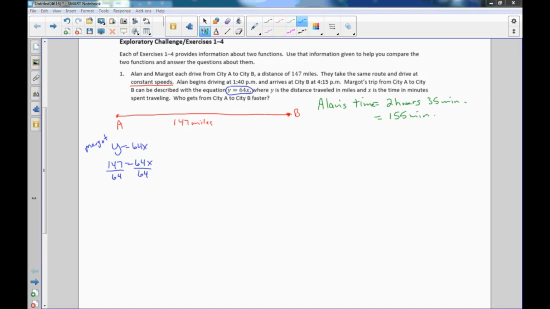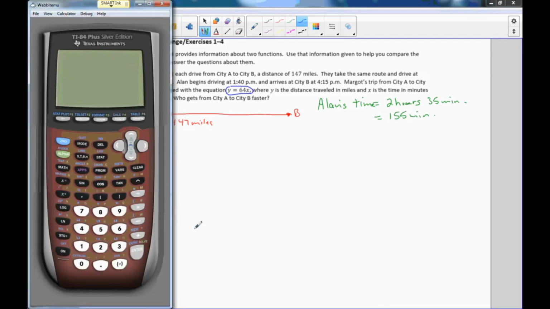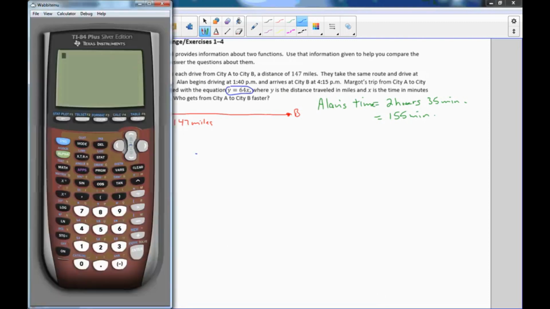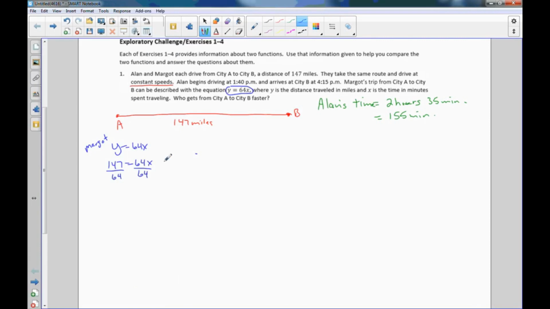Okay, so I'm going to get my calculator, and I'm going to take 147 divided by 64. So 147 divided by 64 equals 2 hours and 0.29, or let's say 2.3 hours. Let's just round to 0.3. 2.3 hours.